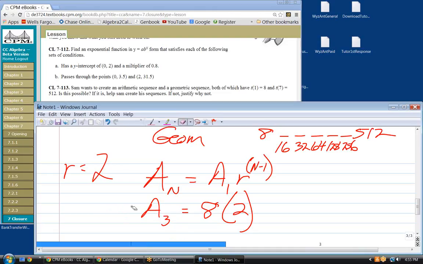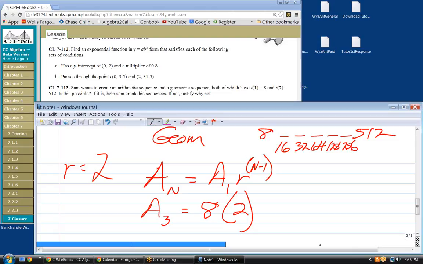Oh, 3. I said, what is the third term? So n is equal to that number. Whatever term you're looking for, that's the nth term. It's just got funny terminology. You're just going to have to get used to the terminology. But when somebody says the nth term, they mean, well, if n is 6, they're looking for the 6th term. If n is 11, they're looking for the 11th term.